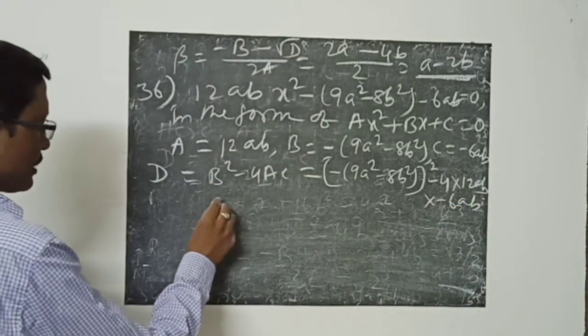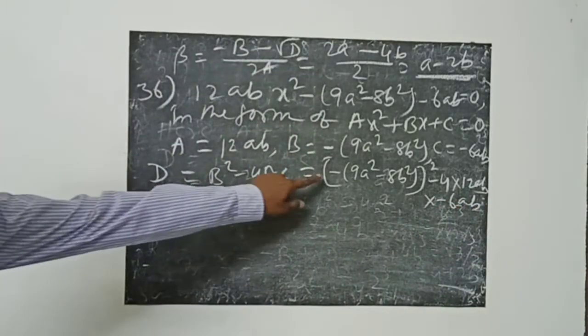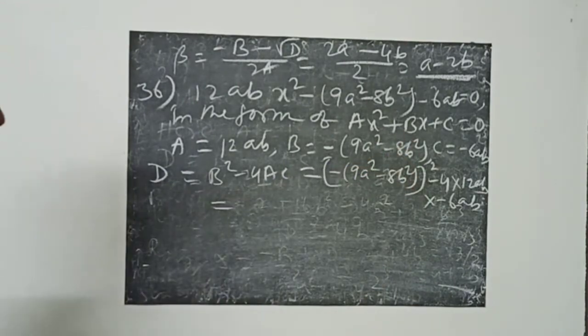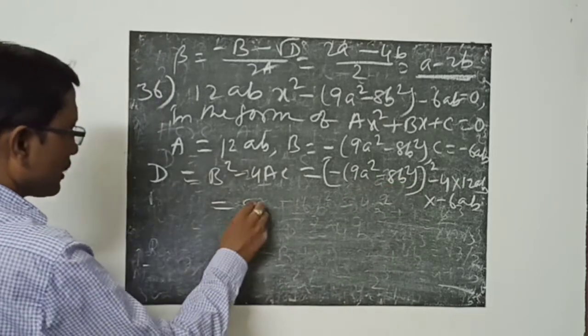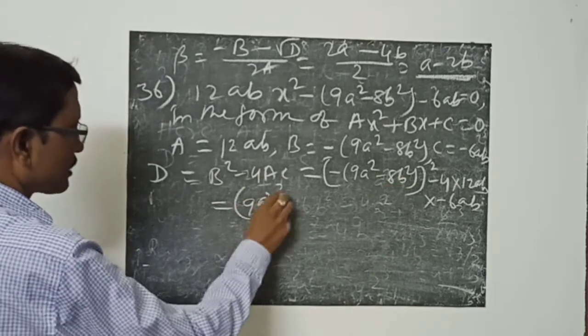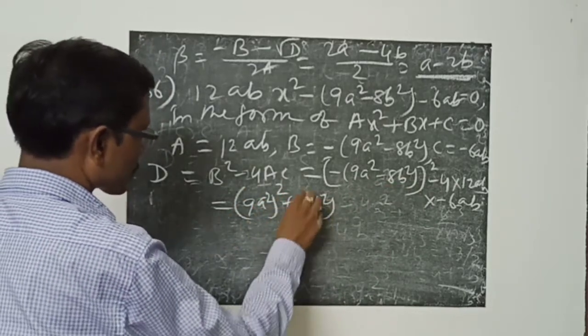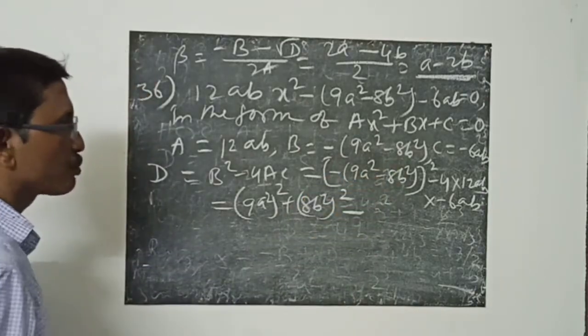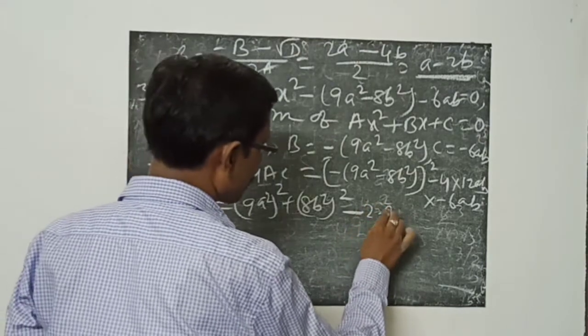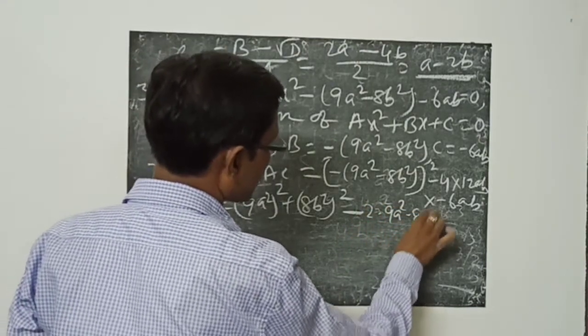So ultimately, it will be what? Minus whole square is plus, but look, same thing will come. It will be 9a square whole square plus 8b square whole square, minus, because the formula has minus, 2 into 9a square into 8b square.